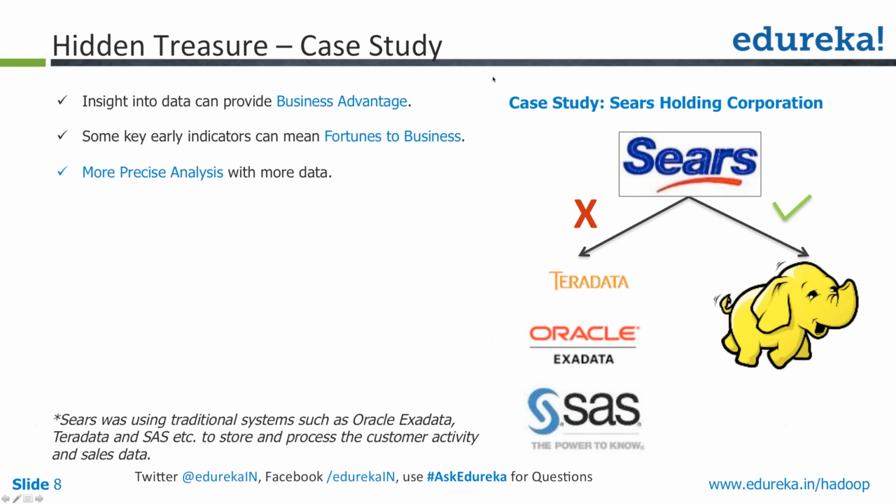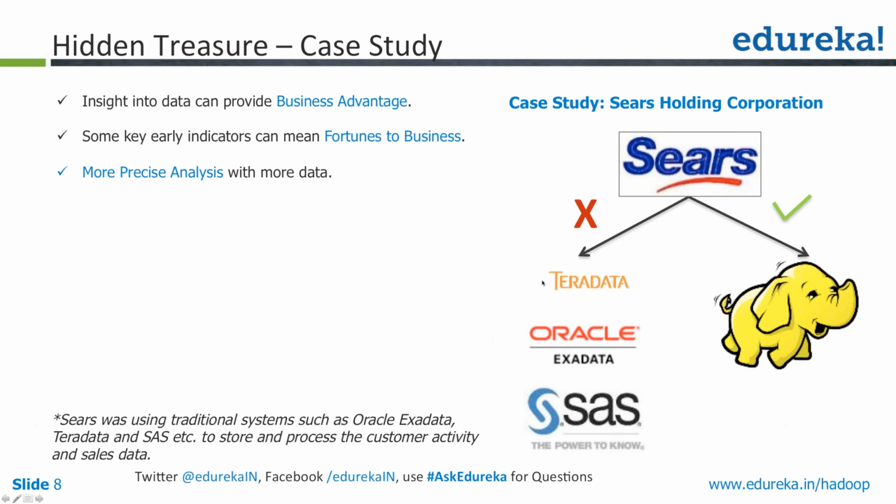Sears, as everyone knows, is a big retail chain where a lot of customers come in, and they want to analyze their behavior and look at some key metrics or early indicators which can lead to an increase in business. Obviously, everyone wants to do that. Earlier Sears was using a traditional system, using Oracle Exadata, Teradata, and SAS to store and analyze their data.